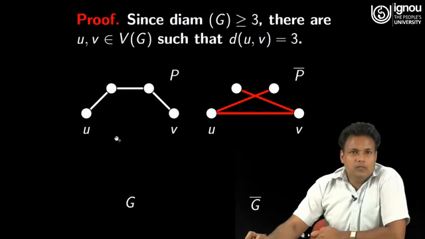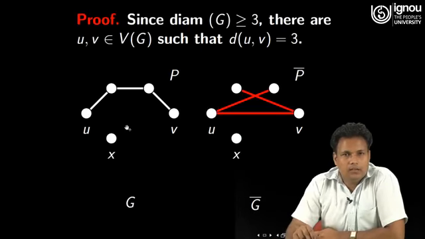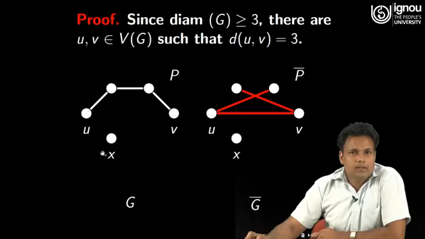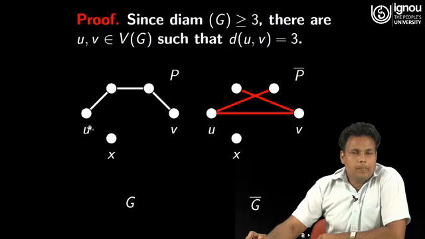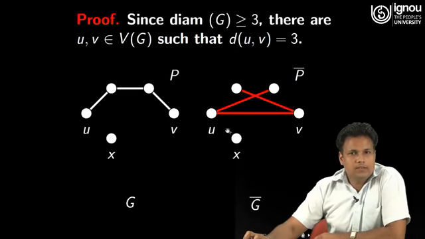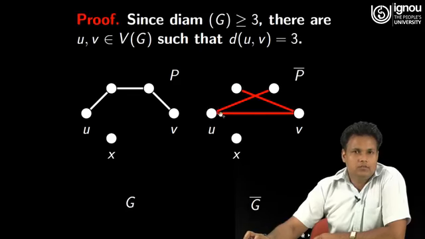Now consider some vertex X that is not on this path, and let Y be any vertex on this path. In that case, what happens? Since X cannot be adjacent to both U and V here, because the diameter of G is at least 3, X would be adjacent to at least one of these two vertices in G bar.